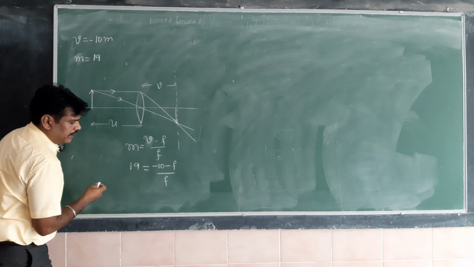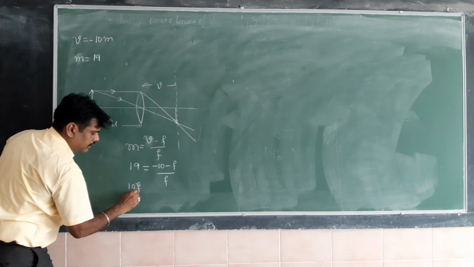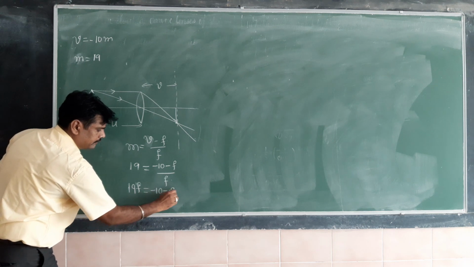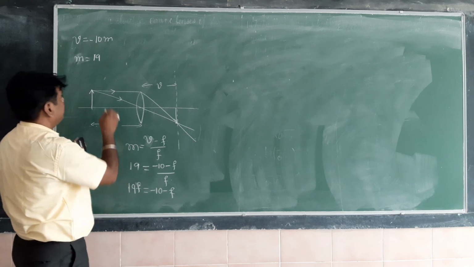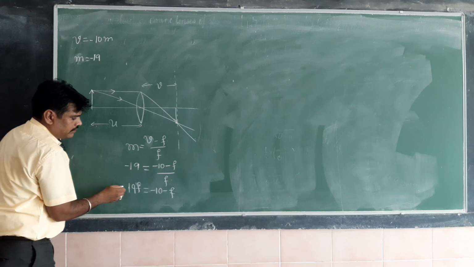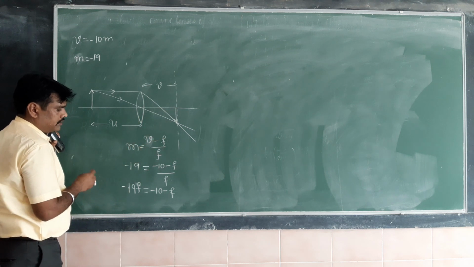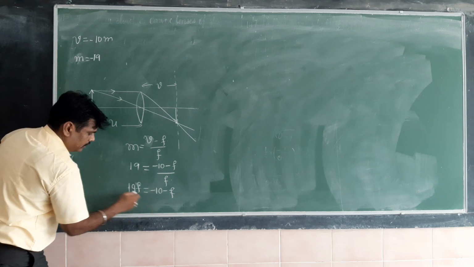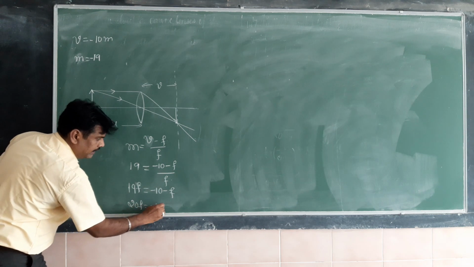You take the cross multiplication. 19f is equal to minus 10 minus f. If I transfer from here to here, magnification we have to take negative. The reason is that it is an inverted image. Or else you go for only magnitude and cross multiply this. If I transfer, it will become 20f is equal to minus 10.